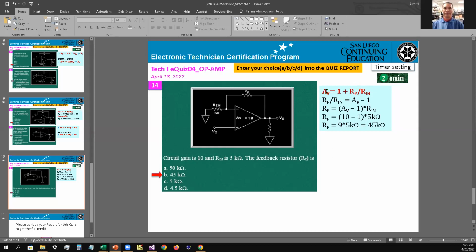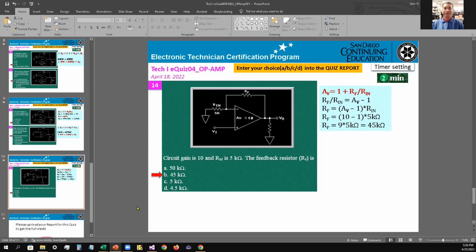So we move the 1 to the other side by subtracting the 1, so the gain minus 1. After that, we multiply the Rn onto the right side. So the gain minus 1 times the Rn. Now we have 10 minus 1 times the 5 kilo ohm. So this one is 9, and 9 times 5 is 45 kilo ohm. So the answer is B as in Bob for number 14.